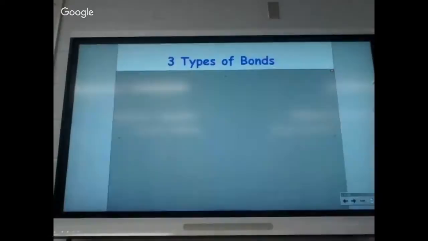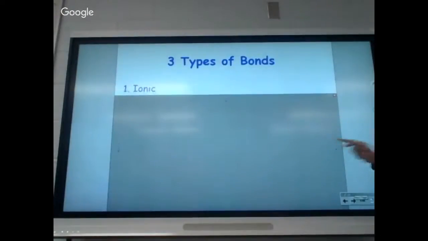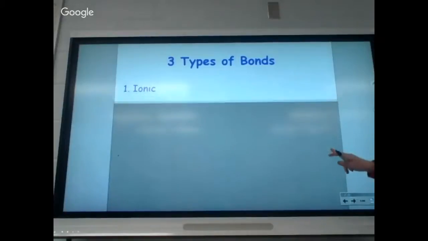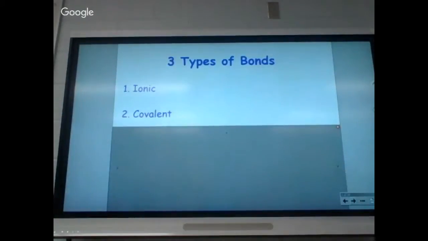Okay. All right, so there are 3 types of bonds. The first one is called ionic. And the second one is called covalent. And you don't have to leave space because we're going to do them separately on the next screen. Now, sometimes teachers will teach these in biology class, so students have some background knowledge with those two.